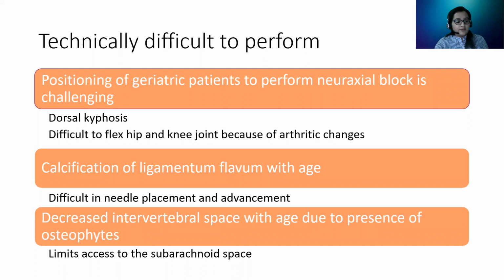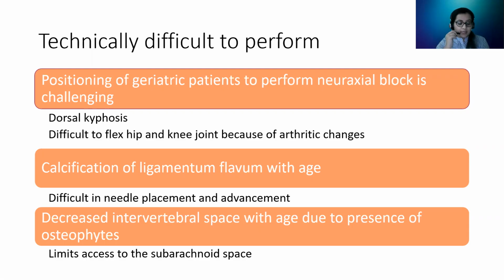It is technically difficult to perform neuraxial block in older patients, as positioning of geriatric patients is challenging because of dorsal kyphosis or arthritic changes, which make it difficult to flex hip and knee joints.